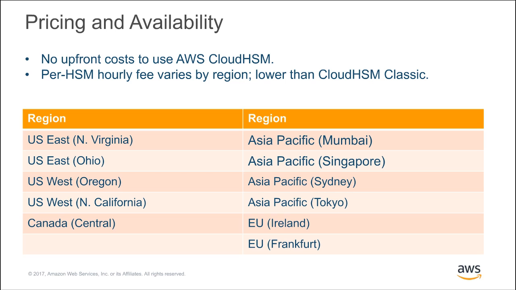So these are all the regions where CloudHSM Classic was available, with the exception of GovCloud, which is coming shortly. We have been able to implement price cuts relative to CloudHSM Classic, so the per hour fee, although it does vary by region, is lower than what you've seen in the past. And again, there are no upfront costs to use AWS CloudHSM.